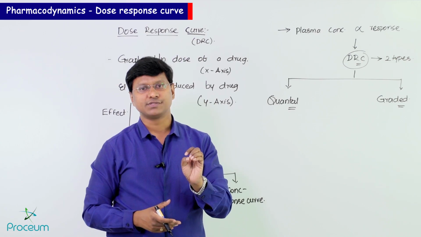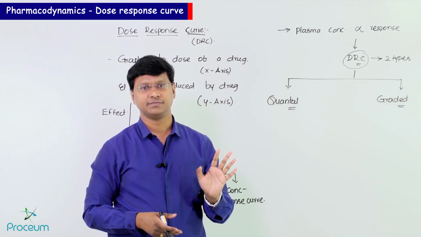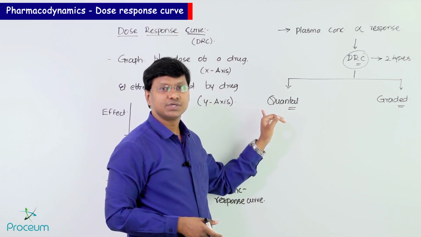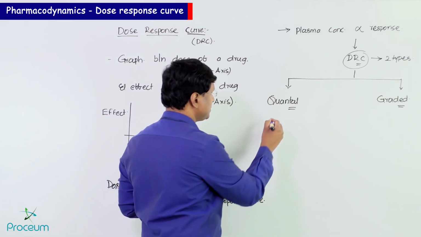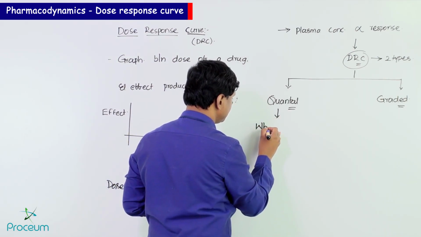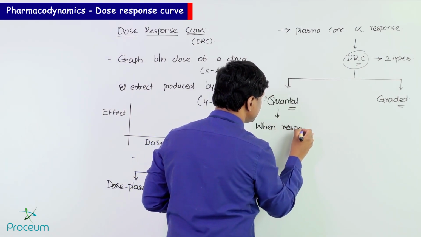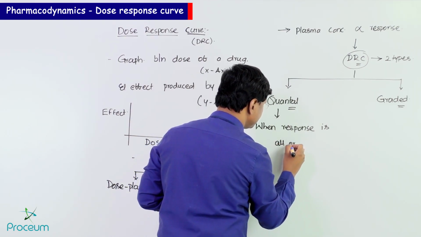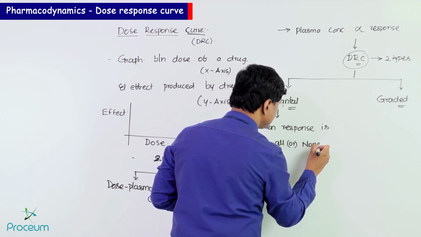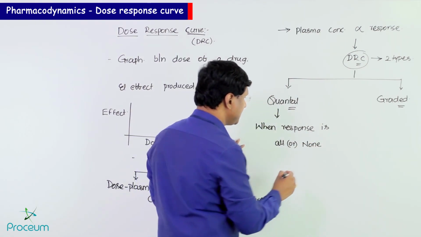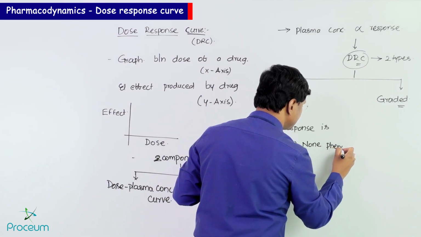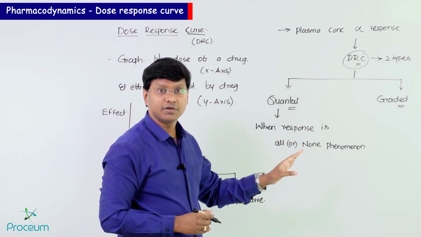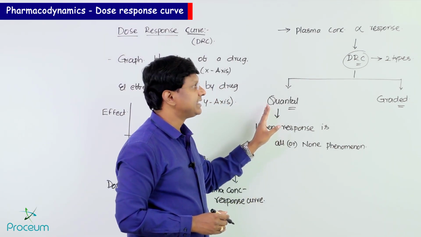When the response is an all or none phenomenon, then that is called a Quantal dose response curve, that is what is called the Quantal response.